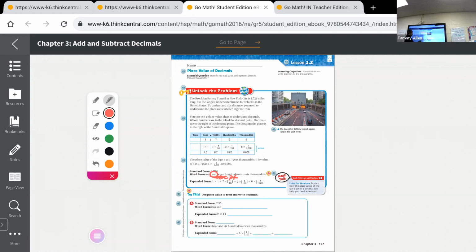Expanded form, we're multiplying by the place value. So there's a place value, there's a place value, there's a place value. Do we only say and at a decimal point? Yes. Or at a comma? No. At a decimal point only. That's the only time we say and. The comma tells us the period we've just come through, like the thousands period, the millions period. Okay?